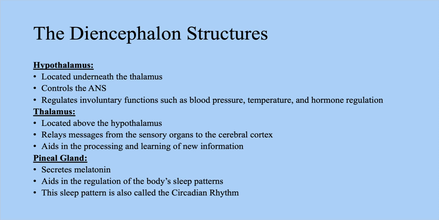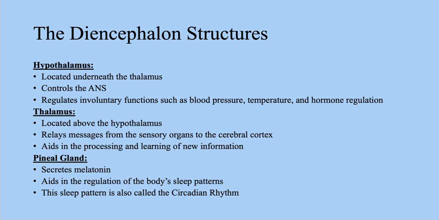These are the diencephalon structures. We have the hypothalamus, the thalamus, and the pineal gland. First, the hypothalamus is located underneath the thalamus. This part controls the ANS, which is the autonomic nervous system.